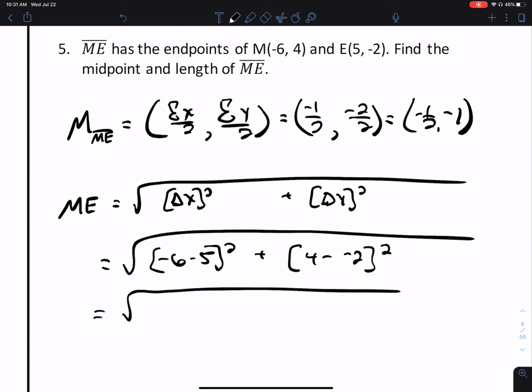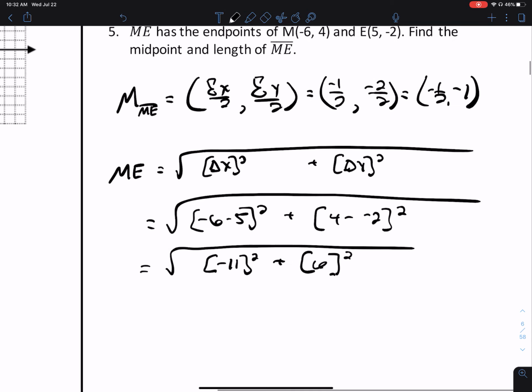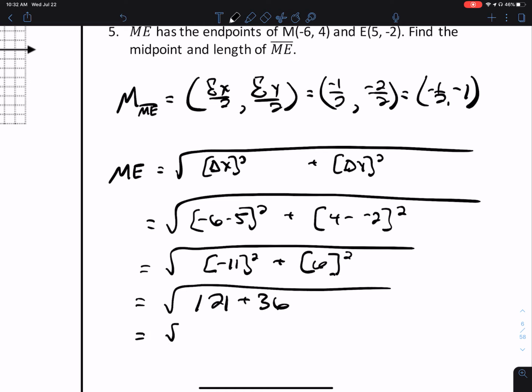This is negative 11 squared. Until you square it, leave it in parentheses or brackets. 4 minus a negative 2 is like 4 plus 2, which is 6. Negative 11 squared is 121. 6 squared is 36. That's going to give us the square root of 157.